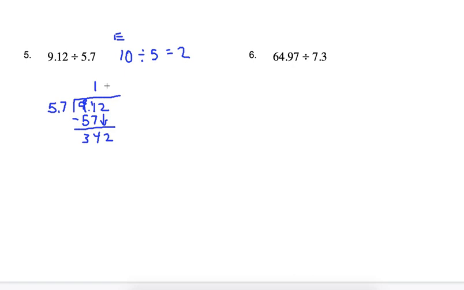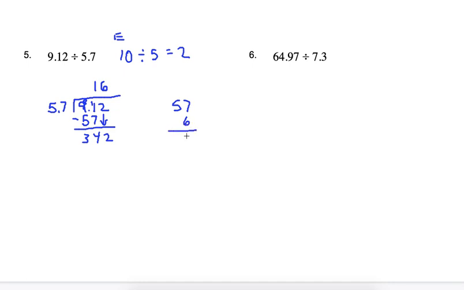Luckily 5 times 6 is 30, and since it'd be 5 times 50 really, let's just do that over here to make sure. 57, I'm just treating it like it's numbers, not worrying about the decimals.